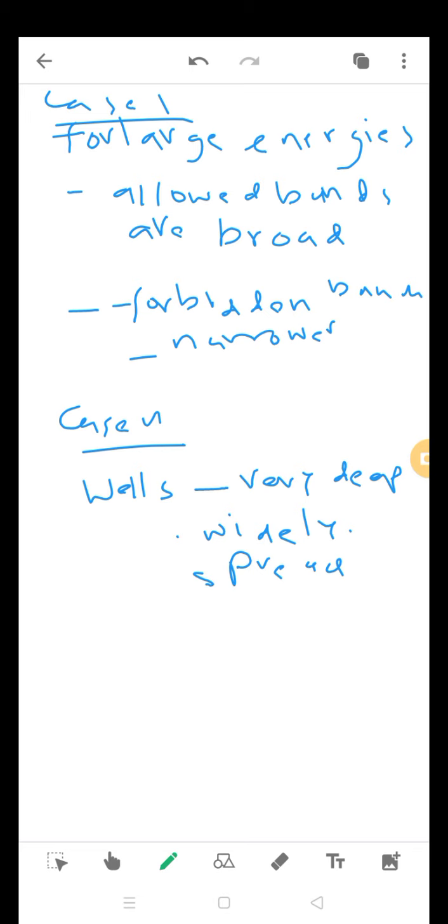The electron has not got sufficient energy to hop from one potential to another, and then what will happen? The electron will be bound to one of these potentials.